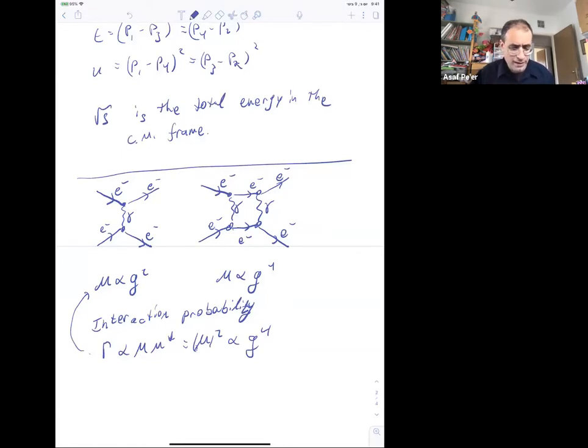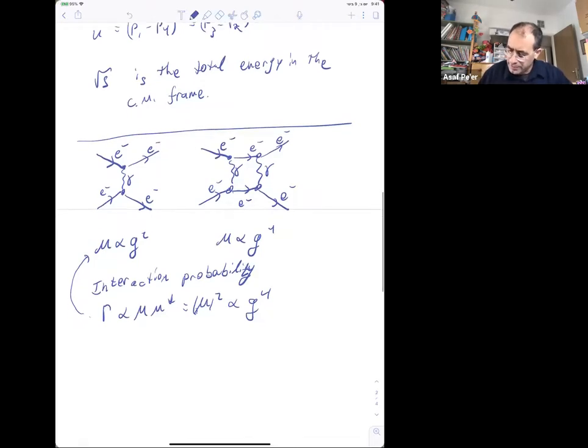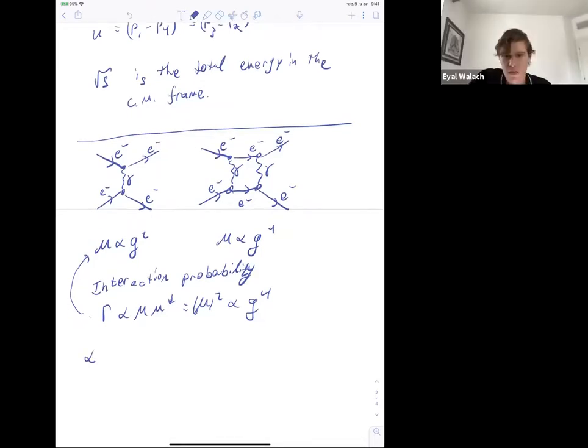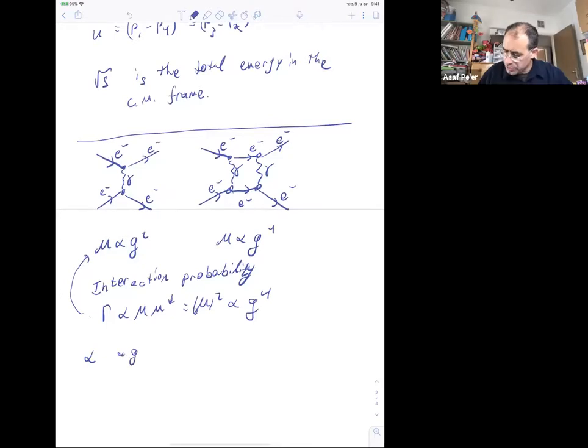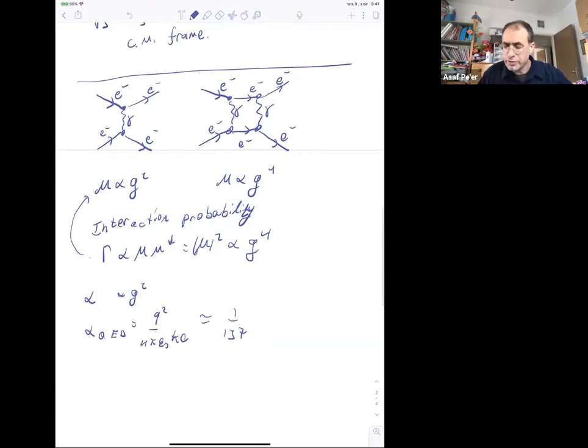So for the electromagnetic interaction, G is indeed small. We don't normally use G, we refer to the term alpha, which also has the name coupling constant, and is proportional to G squared. Alpha for QED is Q squared over 4 pi epsilon 0 h bar c. This is a dimensionless number, which is 1 over 137.